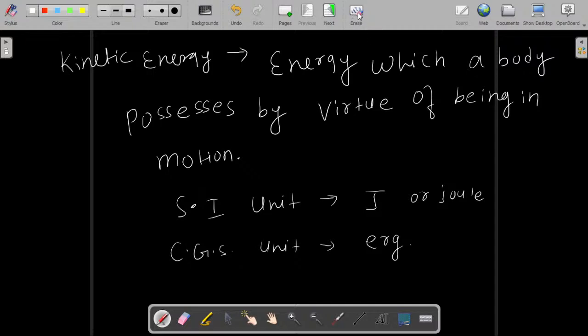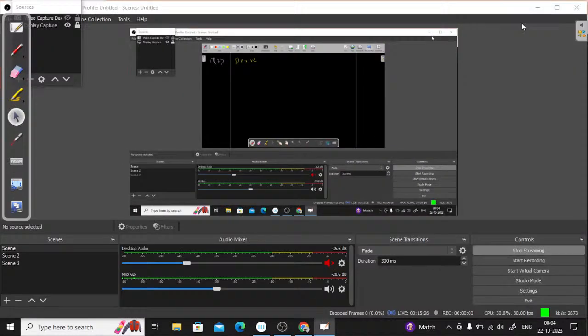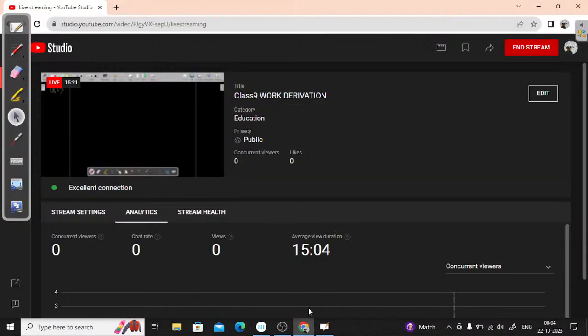Now write down potential energy derivation. Question number 2 derivation. 3 derivations are there. Second, potential energy. Write down, derive an expression for potential energy.